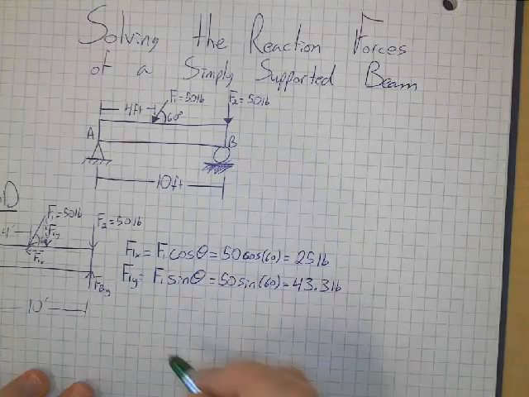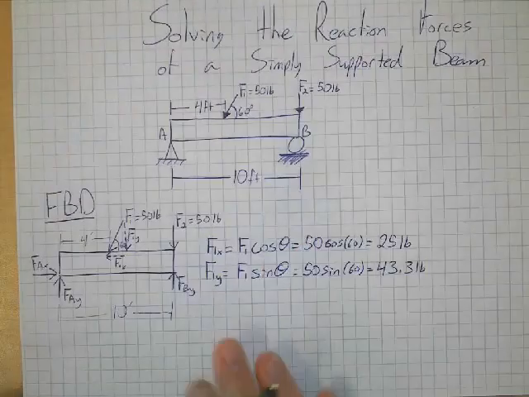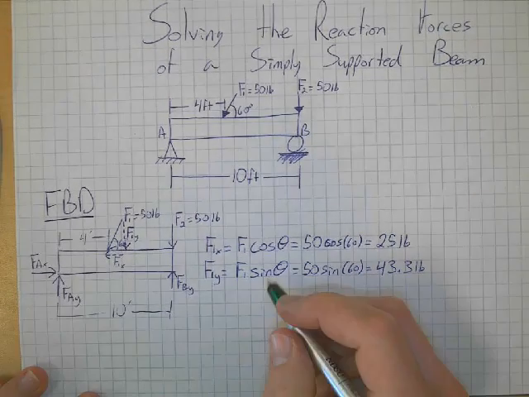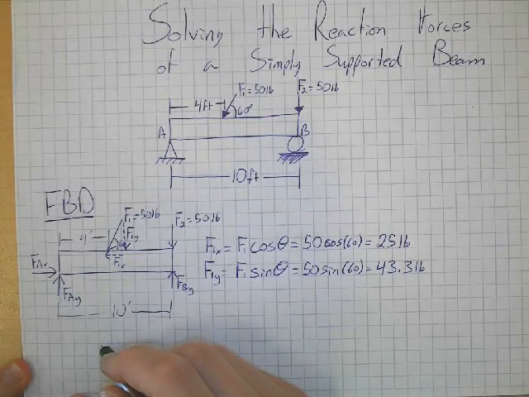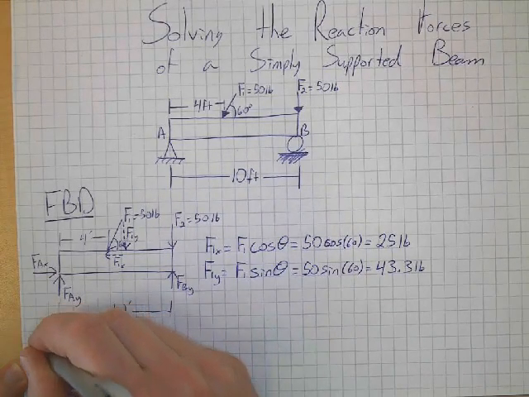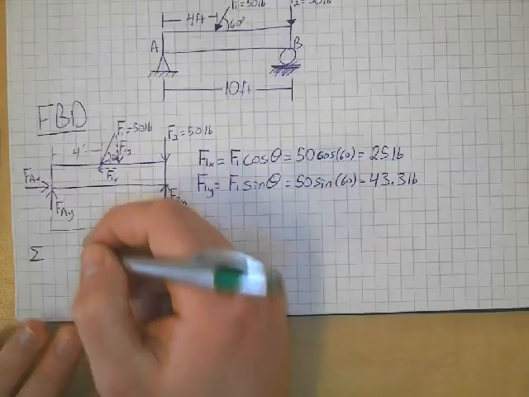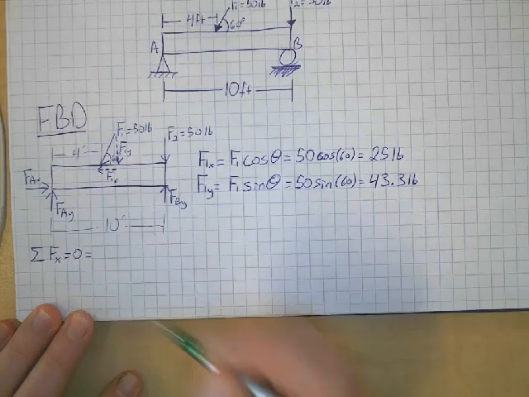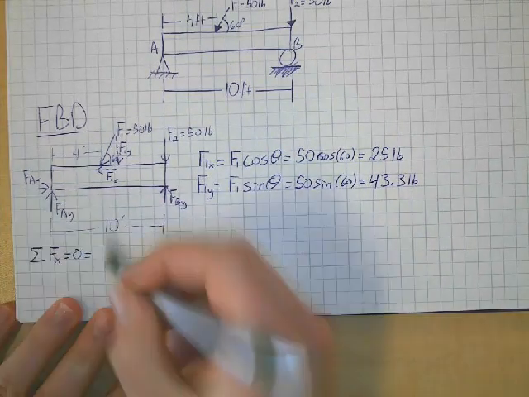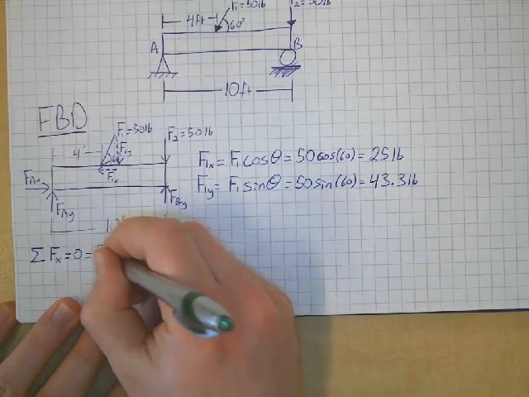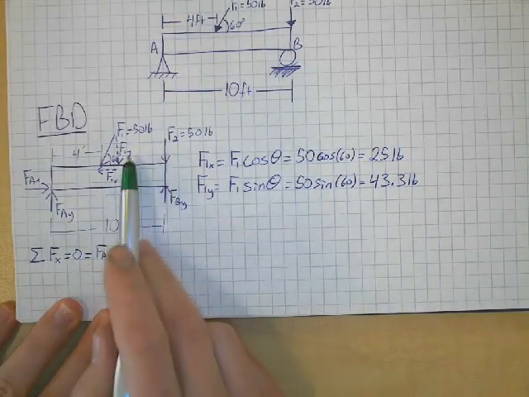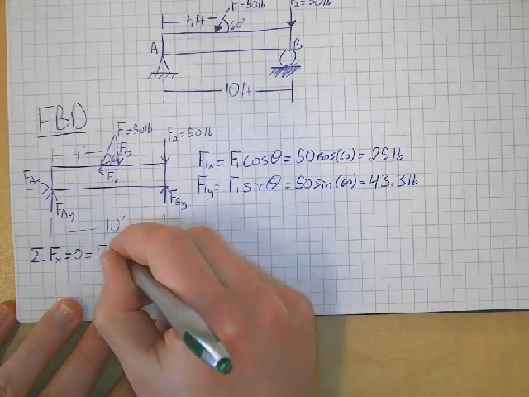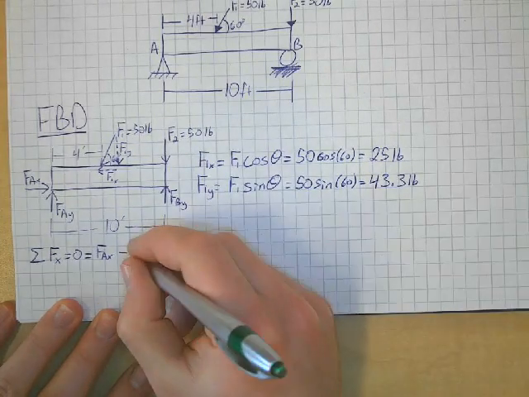So let's break down now our equations of equilibrium so that we can solve ultimately for all of our reaction forces here. I will work across. The sum of my forces in the x direction is always equal to 0, and all of my x forces are FAX, which is positive in this case, and the only other component in the x direction is F1x, which I just calculated to be 25 pounds.